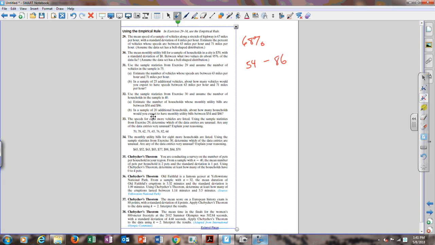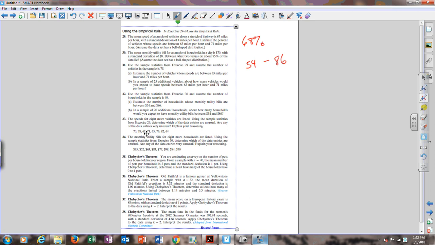Okay, so we're looking at data that's between 63 and 71 originally. And then you could go even further and say between 59 and 75.